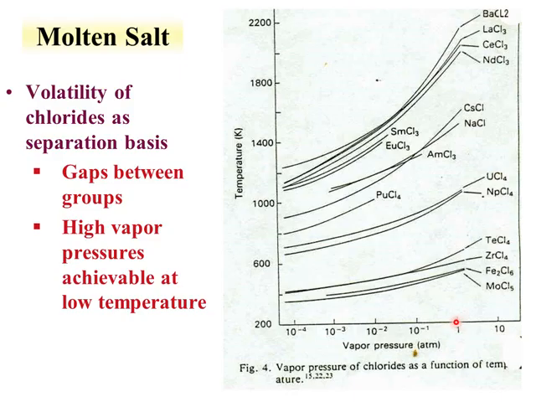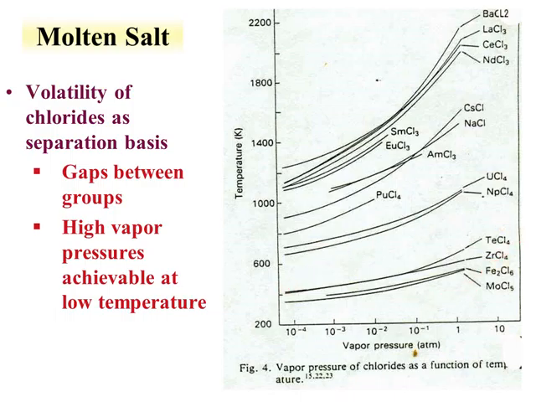So for instance, anything above 1 atmosphere would be relatively high volatility. You can get 1 atmosphere for these elements at temperatures of 600 K or less. So these can be relatively easily separated.